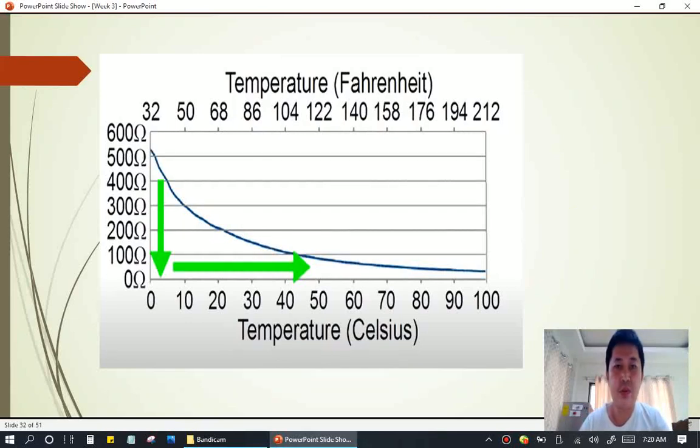As you can see here, when the resistance decreases, the temperature increases. Now as you can see, this is 400 ohms here.